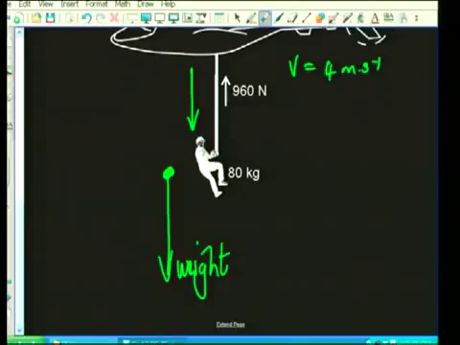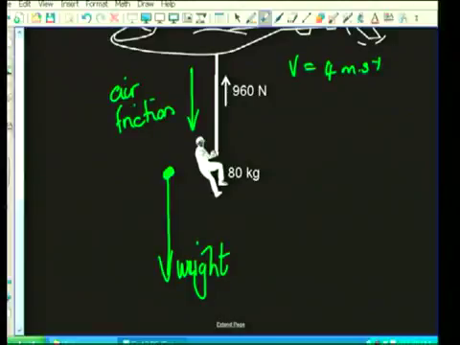Now we've got to decide which way air friction works. Air friction is like friction on a surface. It always acts in the opposite direction to which the object is moving. So if the man is moving up, air friction must move down. Let's just call that air friction.